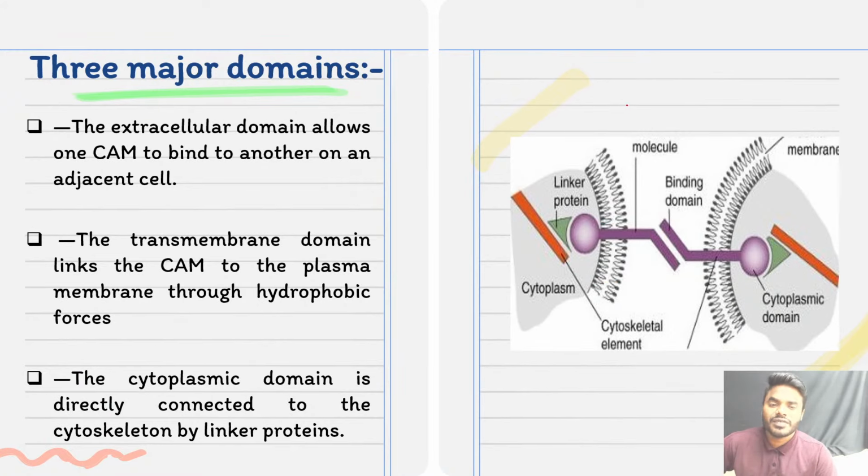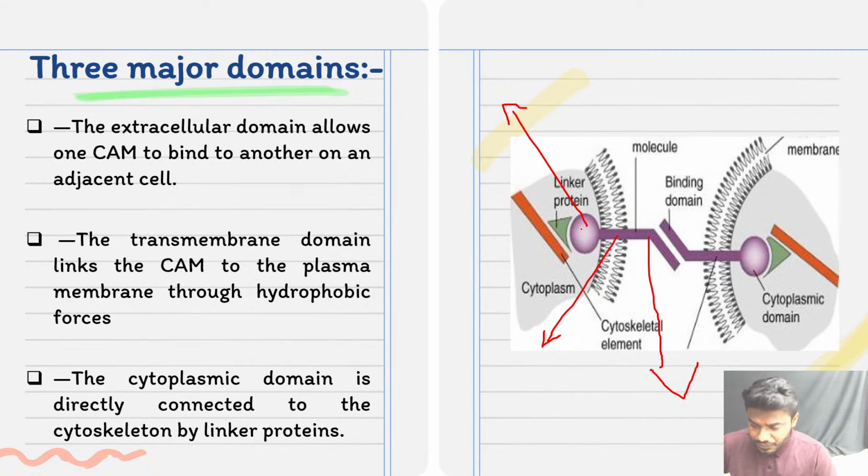You can see the picture very carefully, friends. It has one extracellular domain, one transmembrane domain, and another one we can call a cytosolic domain. Kindly do not get confused with this particular point.